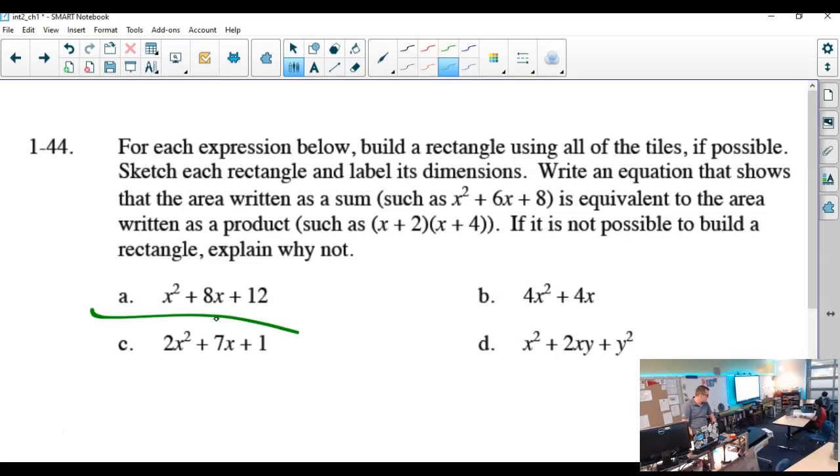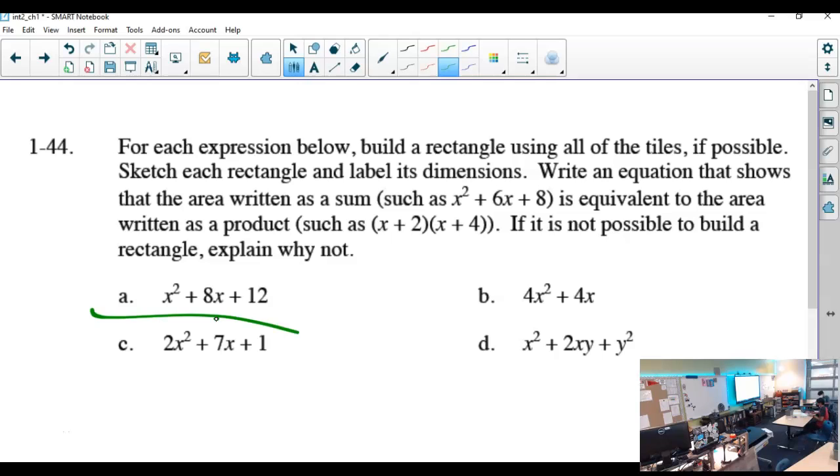Once you have these singles out, I would advise keep them on your desk. Don't put them away until the end of class. Once you get done with A, try B, try C.